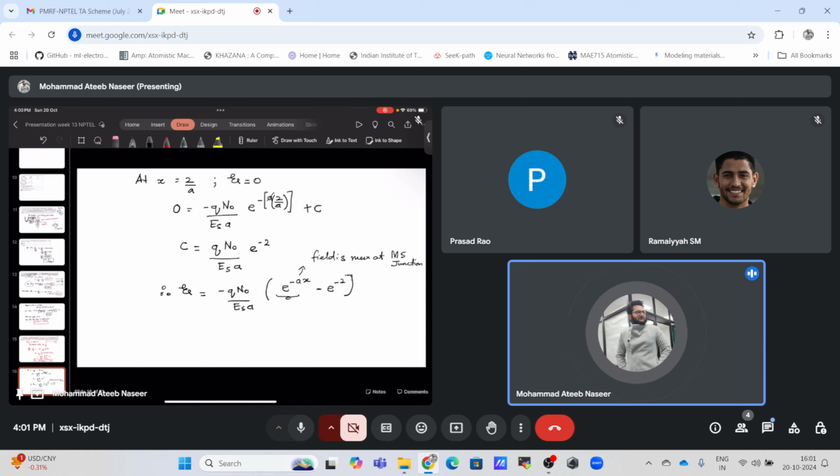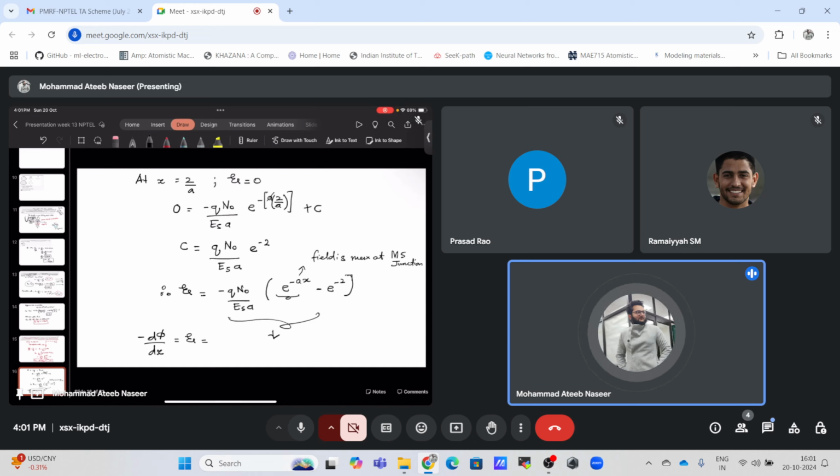So the electric field we have obtained. Now if we integrate this electric field, E is minus d phi by dx, with respect to x, E is simply this expression over here. Let me not write it again.